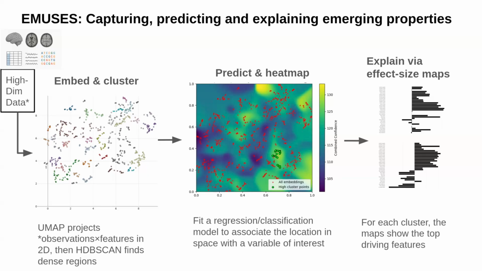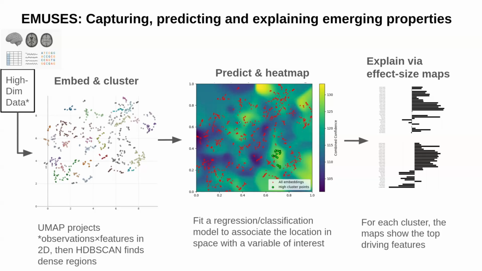And we train and optimize machine learning models that will explore this embedding space and create predictions. So of course, we have to validate the performance. When we have an optimized model, we can create these heat maps.